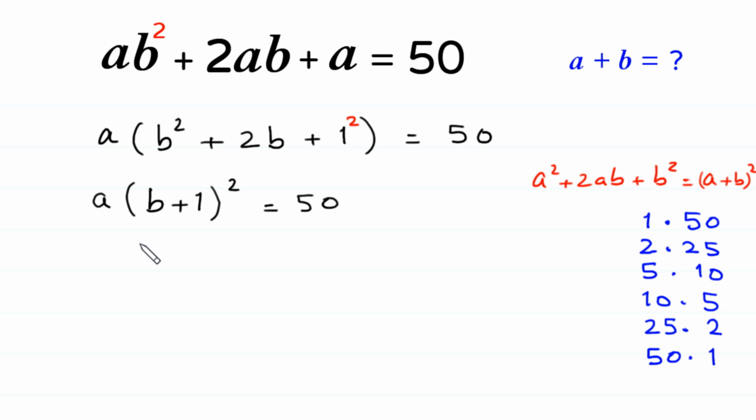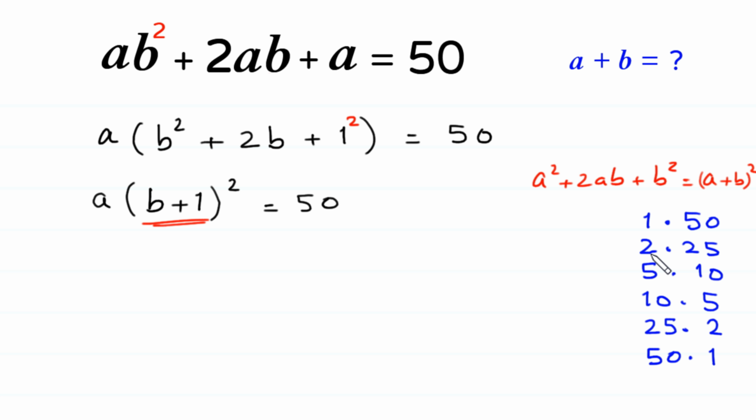Now because at left side we have a perfect square b plus 1 whole square, from these pairs we select only those factor pairs where second factor is a perfect square.